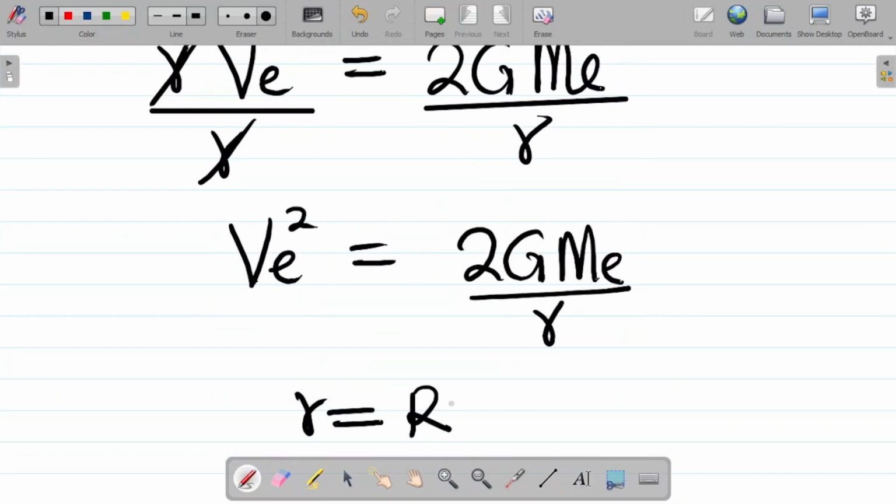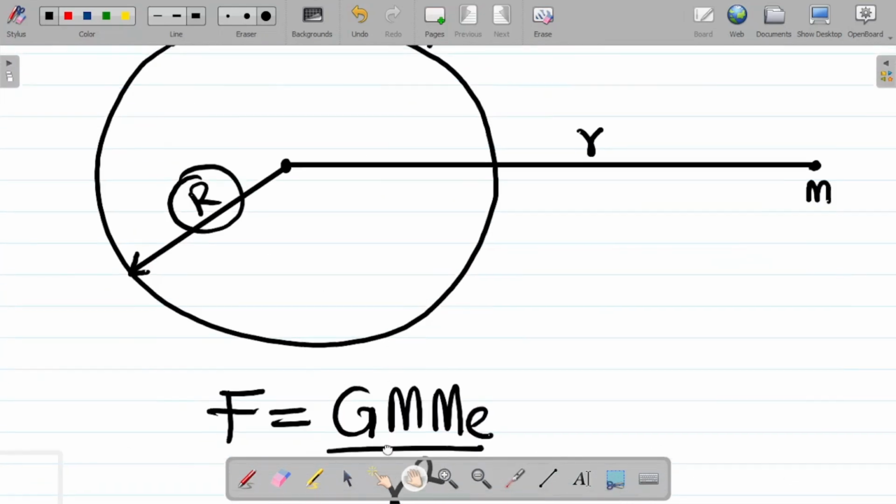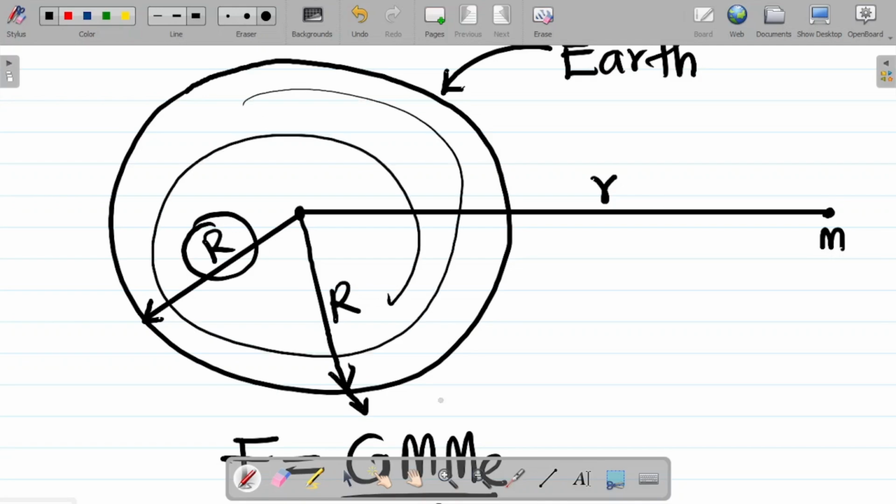So please know why I'm changing this from the normal r to the radius of the earth: the minimum distance that the body would cover in trying to escape the earth is just the radius of the earth. Once it surpasses the circumference and passes the radius of the earth, we can say it has escaped the influence of the earth.